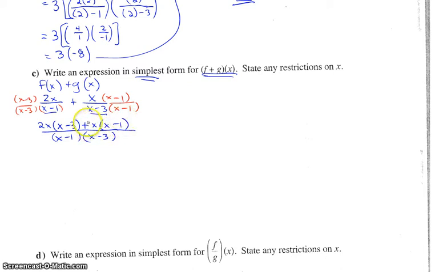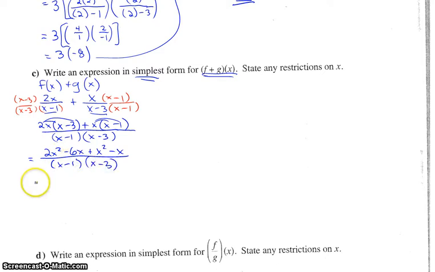If this was a negative sign, people forget to multiply it through. All right, so now we're going to simplify this. We would have 2x squared minus 6x. Now we multiply that part out, so plus x squared minus x. Denominator, do not multiply that out, just keep it as two separate factors.